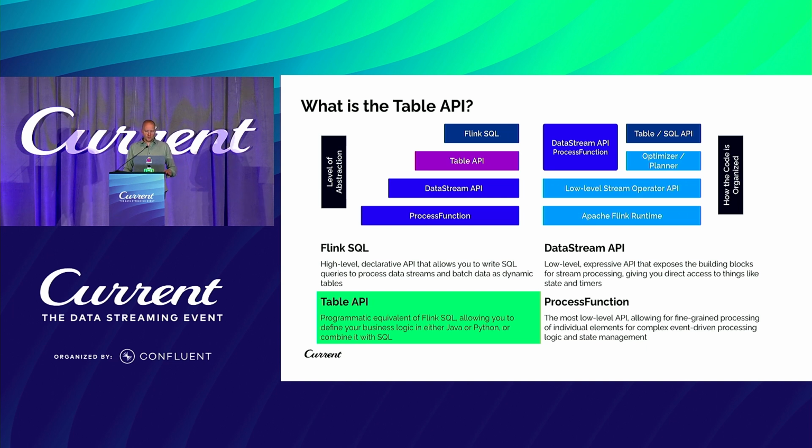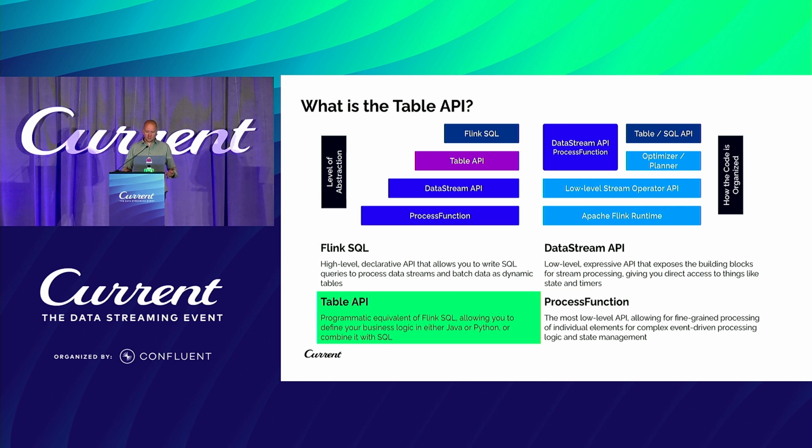One thing to note is that all of these APIs are actually interoperable. It's not that you must choose one and that excludes all of the others. In fact, there are quite a number of Flink applications out there that combine them and go from one of the APIs to the other. Now the figure on the right shows how the code that's implementing these APIs is organized, where process functions are part of the DataStream API, and the Table API and SQL share the same architecture.